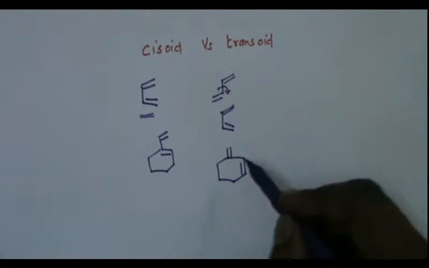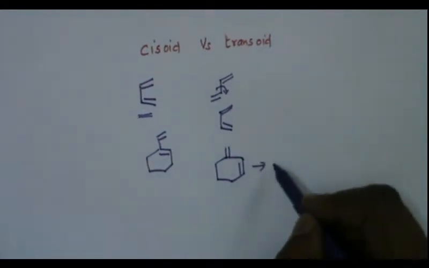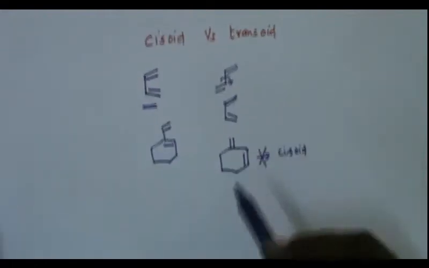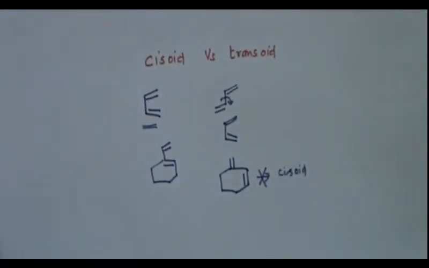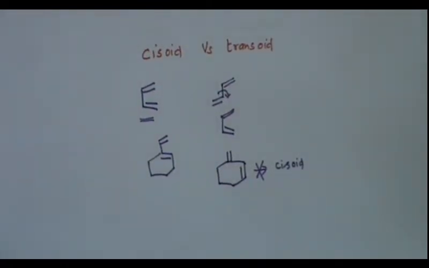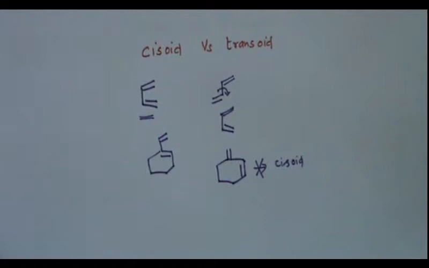Because of that, I will not get Cisoid. So this compound will not undergo Diels Alder reaction. So the compound should have Cisoid conformation, or it should be able to attain Cisoid conformation by rotation about carbon single bond.